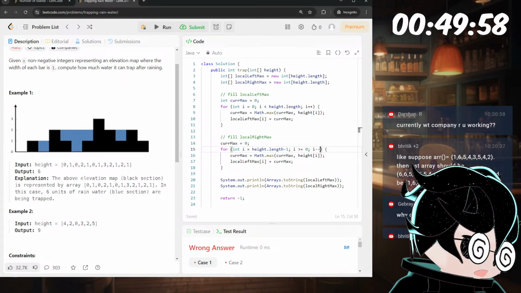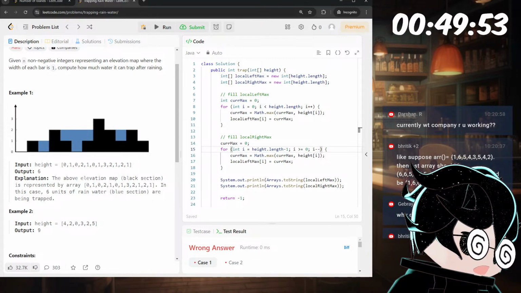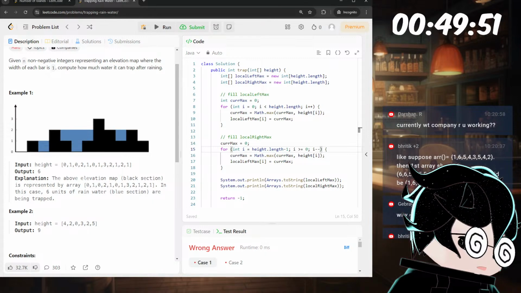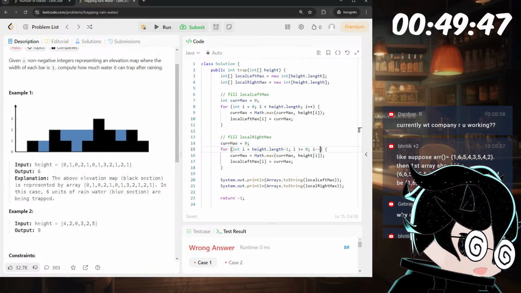Wait, you're saying the first array in that example should be 6 6 5 5 5, and the second array should be 1 6 6 6 6.